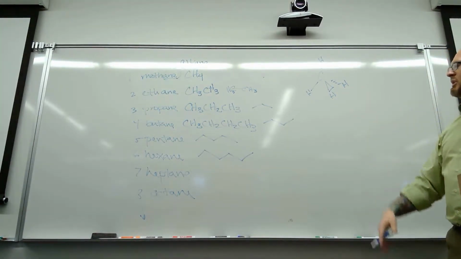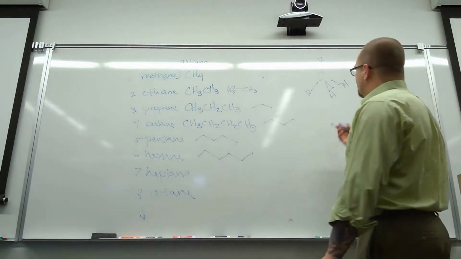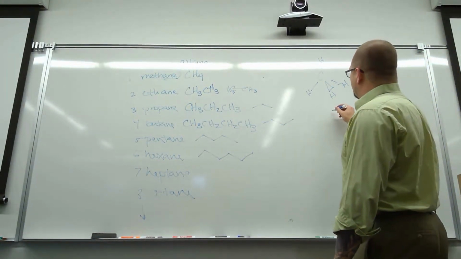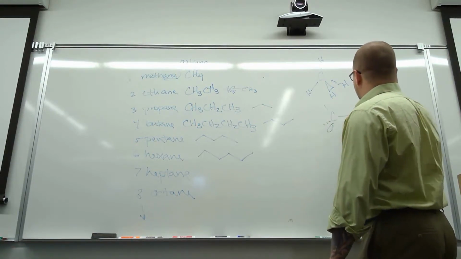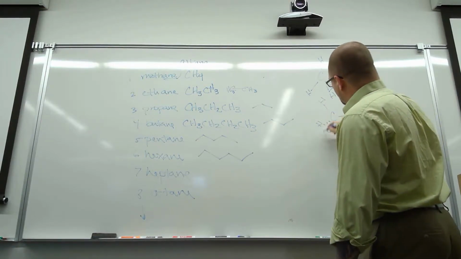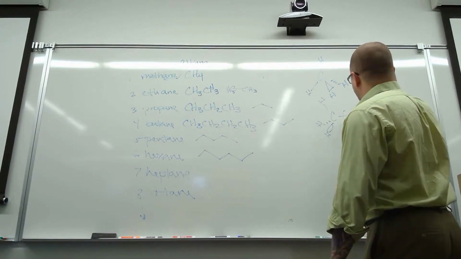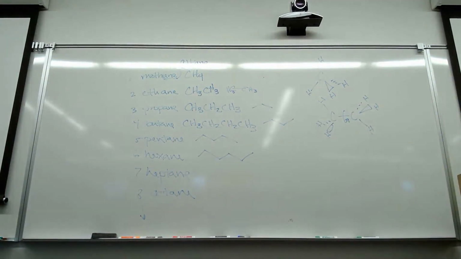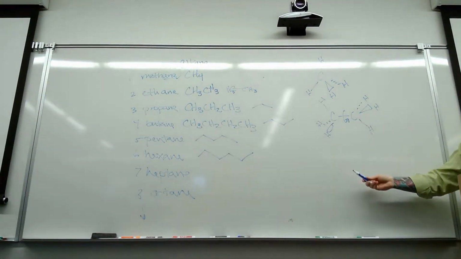So methane is going to be methane as a category. Ethane, very similar in terms of complexity. And we'll find at the end of this chapter that we can have some freedom of rotation around that bond, but ethane is ethane is ethane.